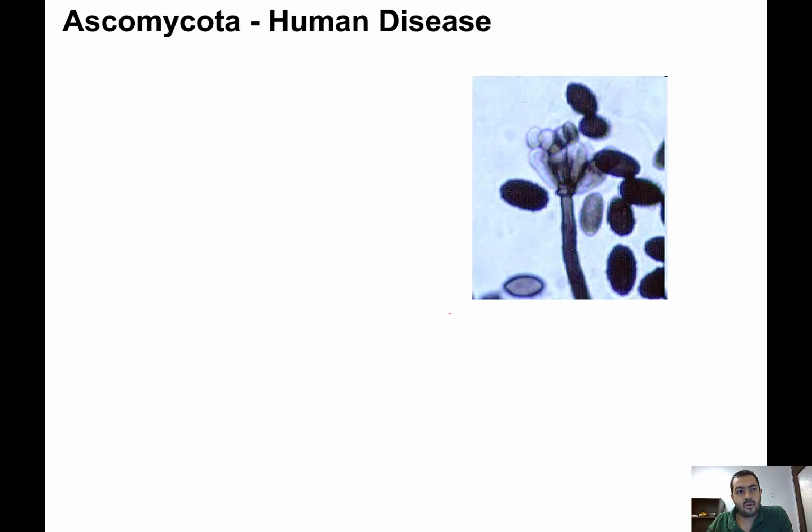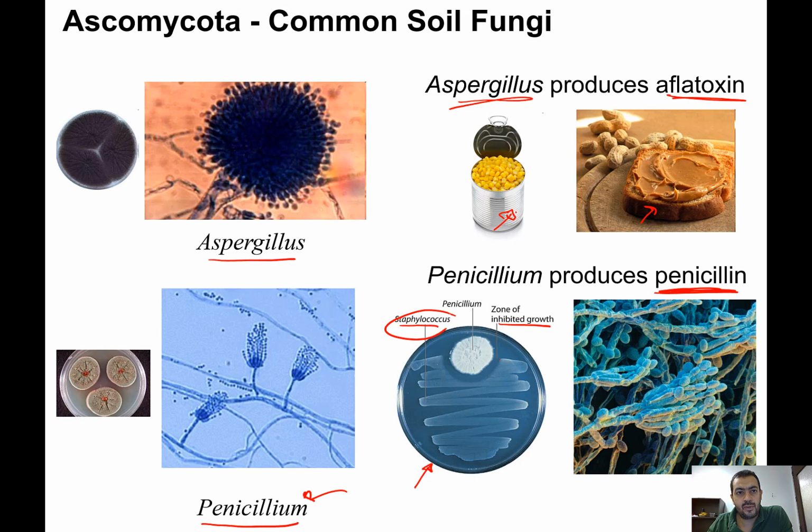Another example of the Ascomycota, and here again we are showing how it can cause a human disease. Remember, in the first slide we discussed the fact that some strains of Aspergillus produce toxins. One example of these toxins is the aflatoxin, which is carcinogenic, and it can be present in the peanut butter or the canned corn.